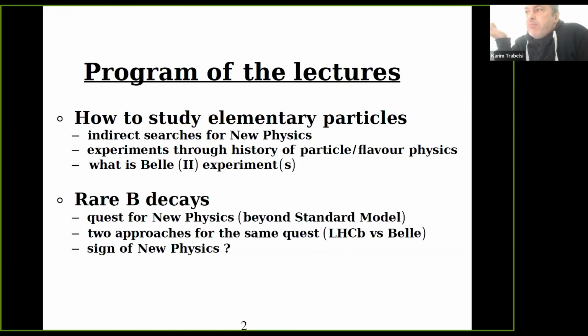Of course, I will make some reference to indirect searches, and I will draw an analogy with the classic, or let's say standard, information we have in particle physics from the past, and how you can make an analogy with what we are doing today in our quest for new physics.